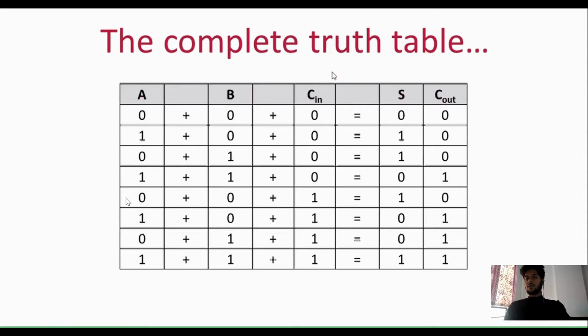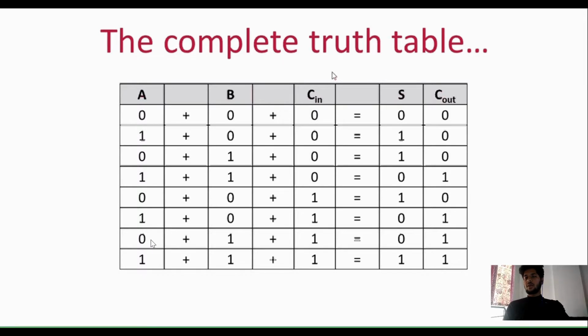Next possibility is A equals 0, B equals 0 and Cn equals 1, which gives sum as 1 and carry as 0. Next case is A equals 1, B equals 0 and Cn equals 1, which gives sum as 0 and Cout as 1.